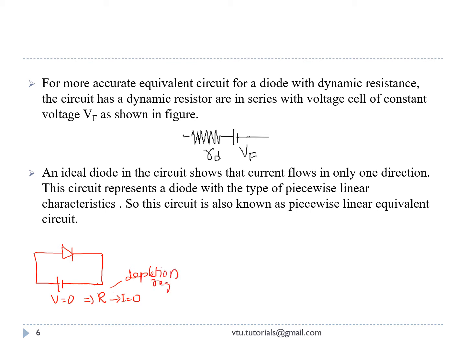Once we overcome the depletion voltage, with the increase in voltage to V equal to Vf, there is a resistance and also a flow of current IF, and this resistance is the dynamic resistance RD. So this accurate diode is represented by its equivalent circuit having the voltage Vf and the resistance RD.